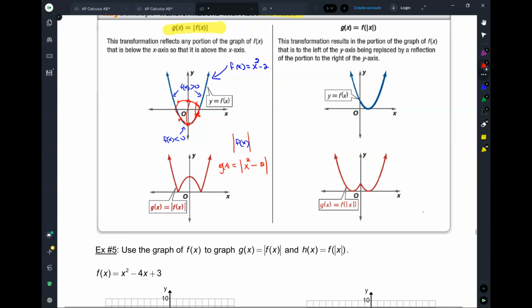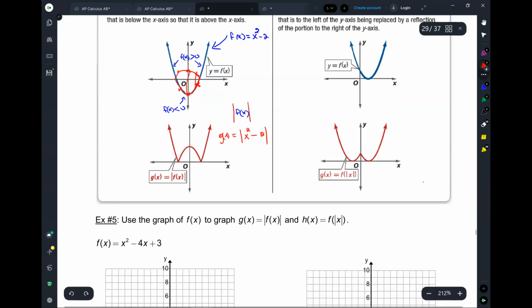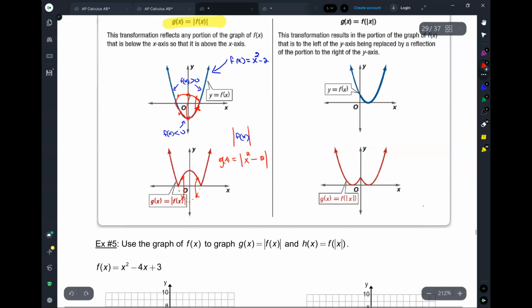You've got the reflection almost around the y-axis. Do you see that? Okay? So that's what happened. It used to be like this, but now each of the negative y values has become the corresponding positive y value. Okay, so that's what putting the whole function in absolute value does.